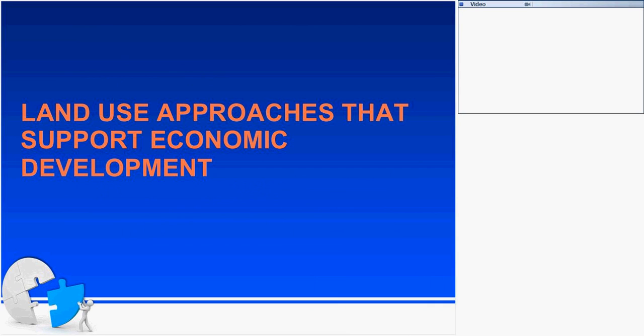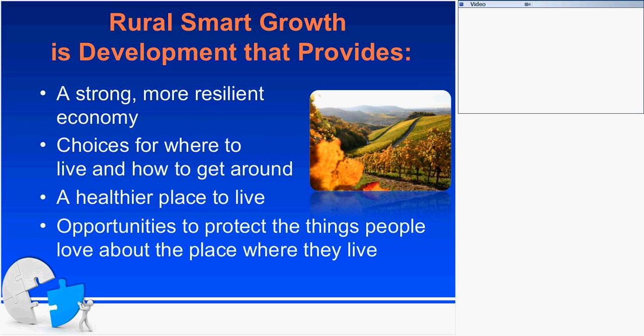So then the module goes into general land use approaches that support economic development. And this is where we start to talk about rural smart growth generally. And we do use the term smart growth here in this section.